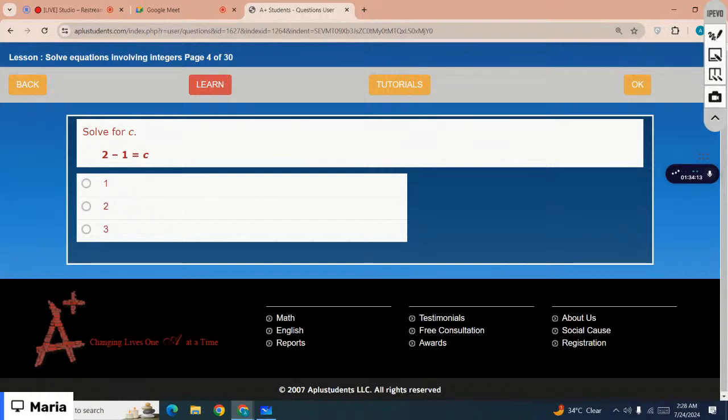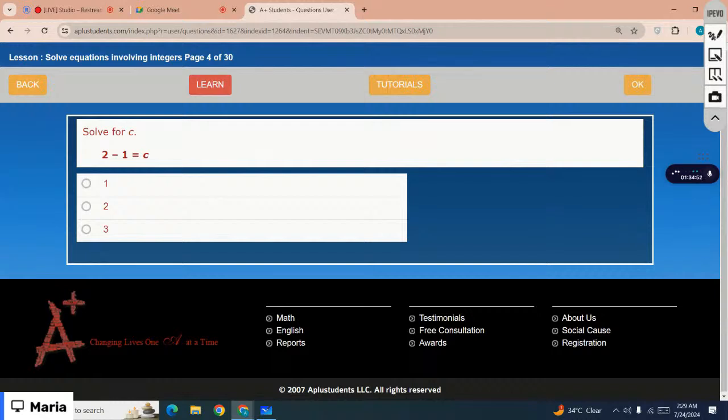Solve for c equals 2 minus 1. Very good.